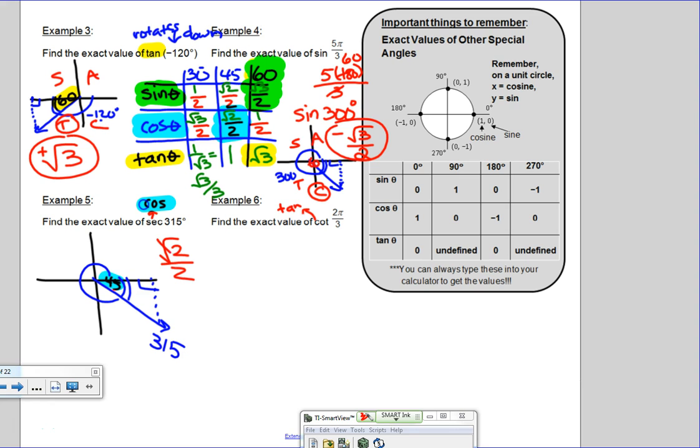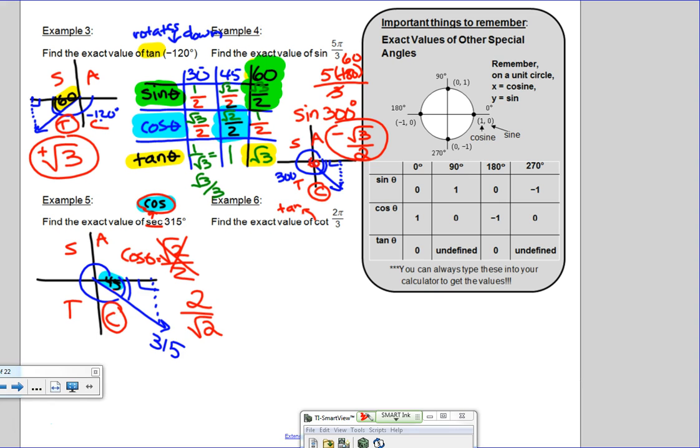But I don't want that because I want secant. So I need to reciprocate it. All right, so that's cosine. And I need secant. So it's going to be 2 over radical 2. And then I need to know if it's positive or negative. So we're in the C quadrant for cosine.